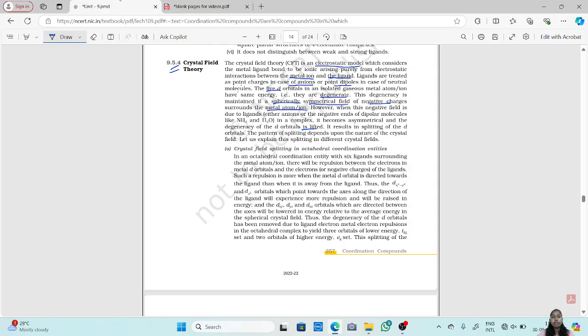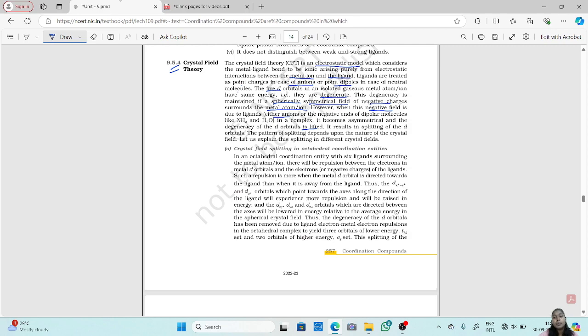It results in splitting of the d orbitals.